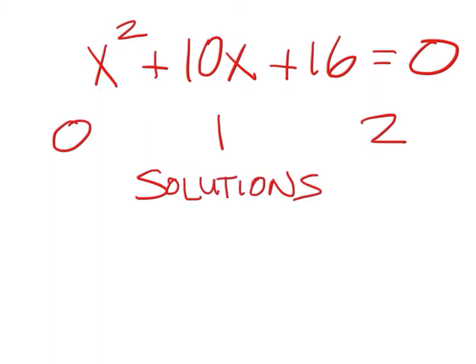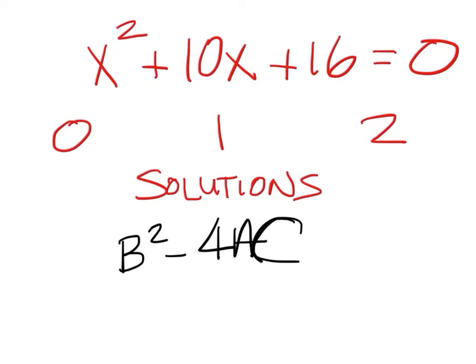And the way that I can do that is if I use the discriminant. The discriminant is b squared minus 4ac. That's an awful looking c. I can't erase for some strange reason when I'm recording, so we'll just leave that.